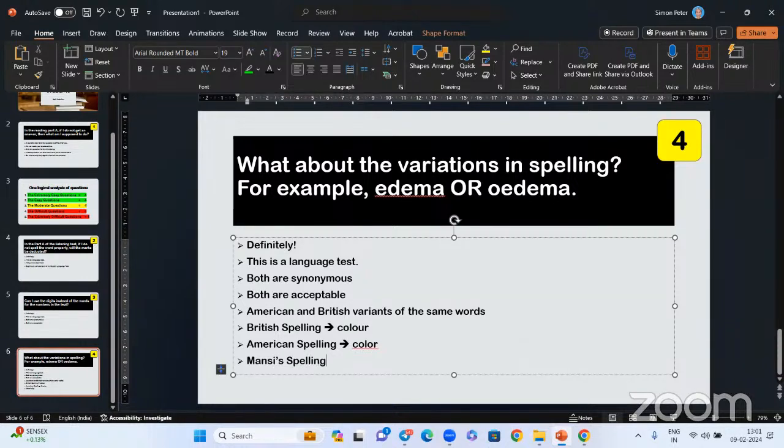Mansi is something different. She says, why only American spelling? Why not my spelling? So we'll use Indian spelling like that, COLUR. Now see these three variants. The British spelling is accepted. The American spelling is also okay. And this spelling is punished. Is that clear now? Yes, sir.